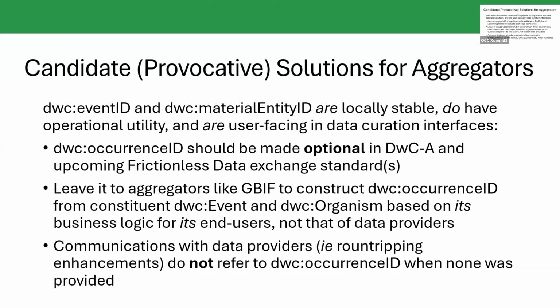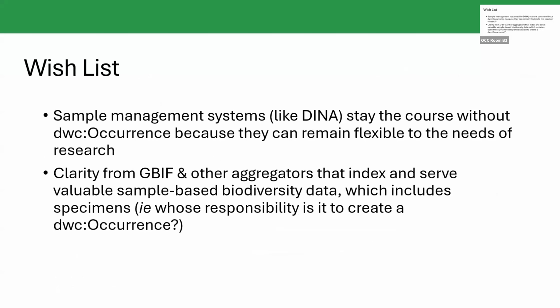Having sample-based data producers construct Darwin Core Occurrence from GBIF would be functionally equivalent to asking that they maintain work affiliations for all known people in their system if they could publish to ORCID. It's impractical and errors do propagate. So we have a couple wishes to promote discussion.